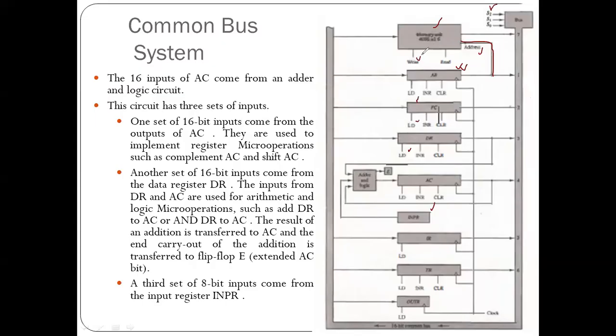If it is the memory, the write control signal needs to be activated. For example, if the contents of the address register are placed onto the common bus, it has just 12 bits but the common bus facilitates 16 bits. So the most significant 4 bits on the common bus are made 0.